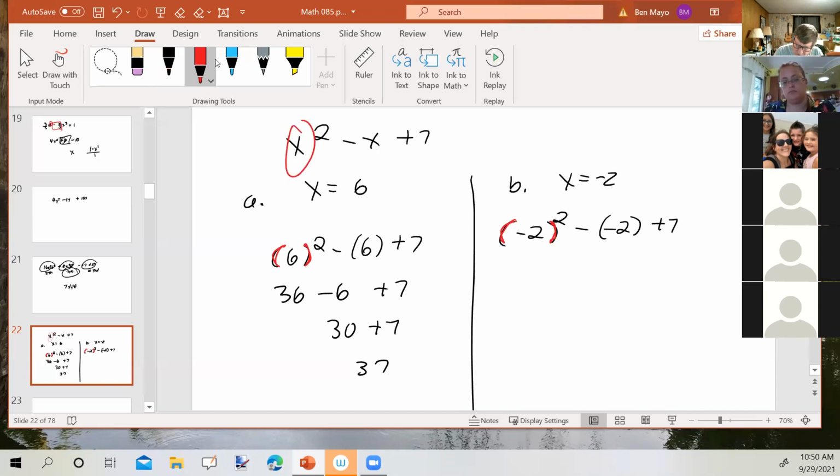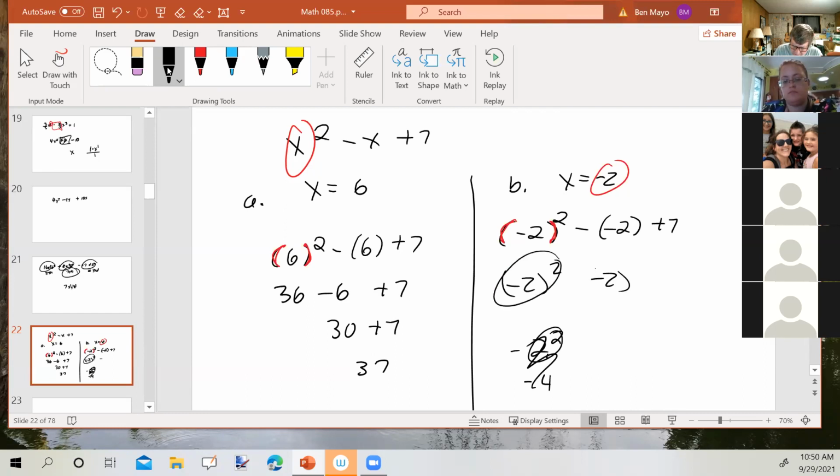Since x takes on a value, all of x is all of -2. Why is it critical that I write it like that? Because without parentheses, that would imply that you square the 2, and then add a negative sign. But with parentheses, that's -2 times -2, which is a +4. So it's critical that we have the right grouping symbols.